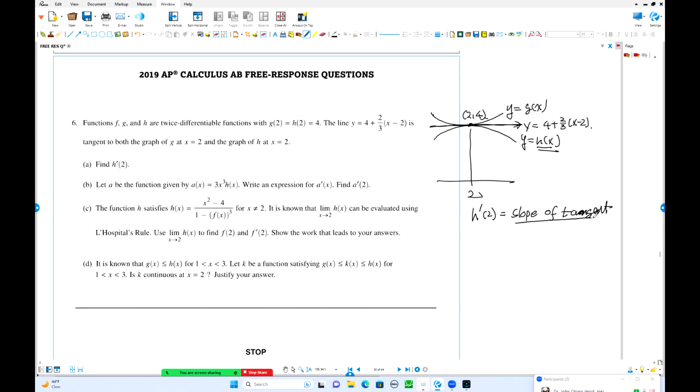We already got the slope of the tangent over here: 2/3. So h prime of 2 is exactly 2/3, because the tangent line is given already: y equals 2/3 times x minus 4/3 plus 4. This is the slope.